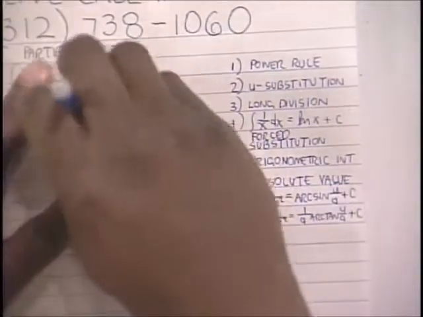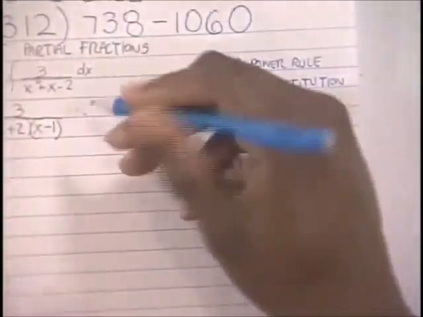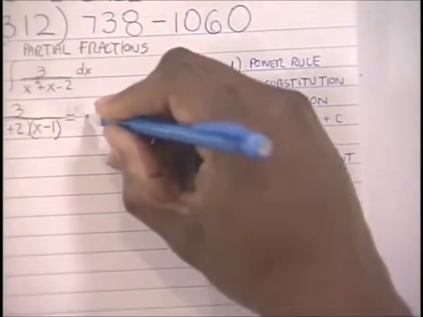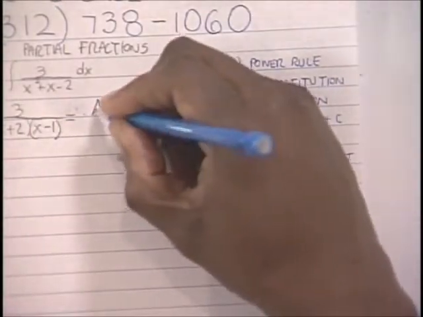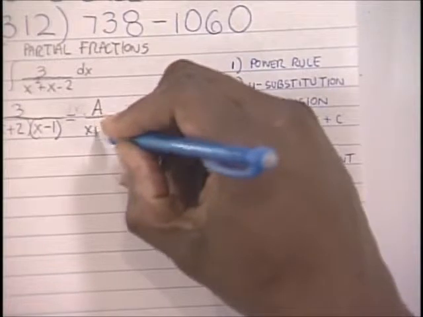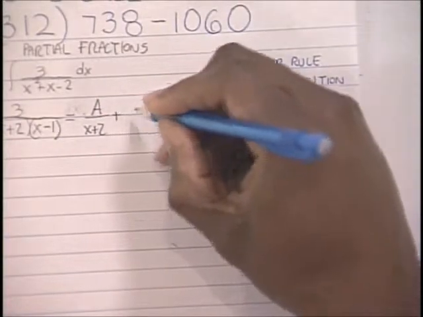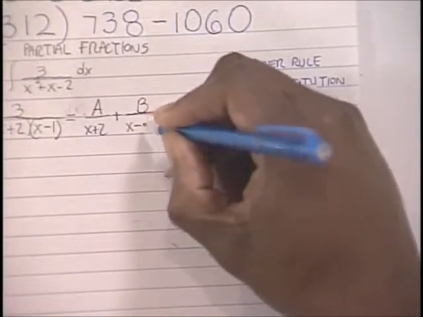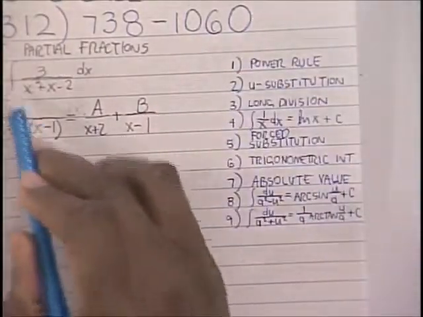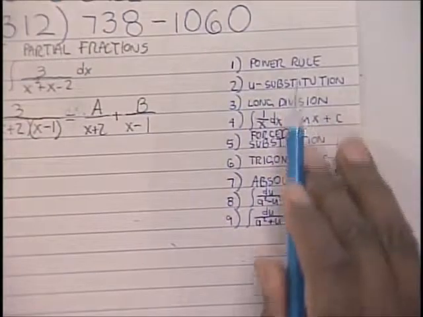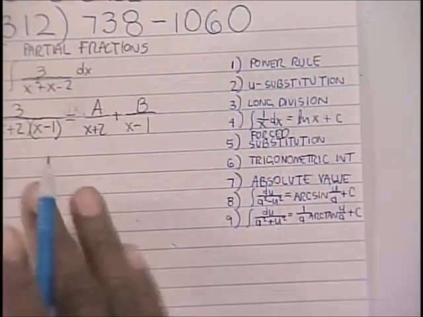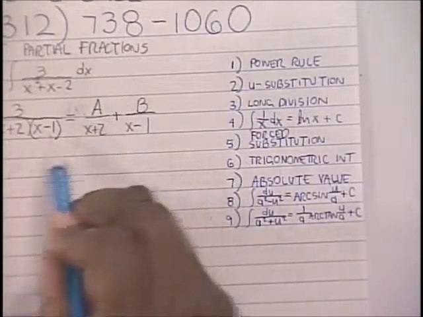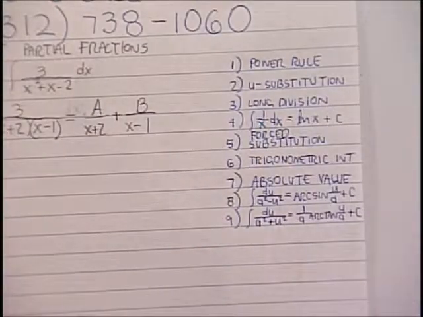And what you're going to do is attempt to rewrite this as some variable over x plus 2 plus some other variable over x minus 1. This is something where none of these techniques worked, so we're going to use partial fractions to evaluate this antiderivative.